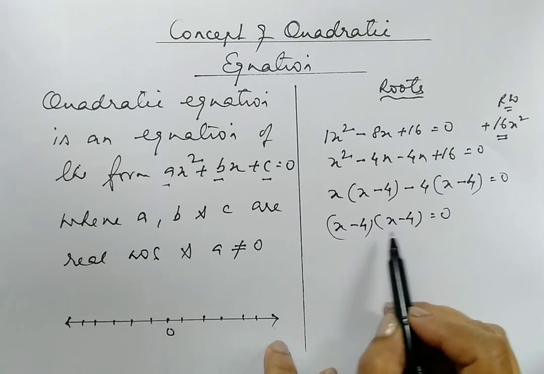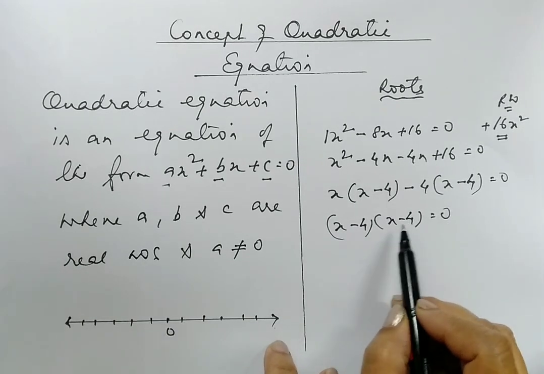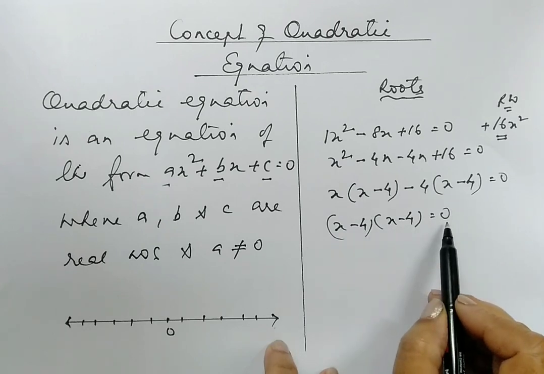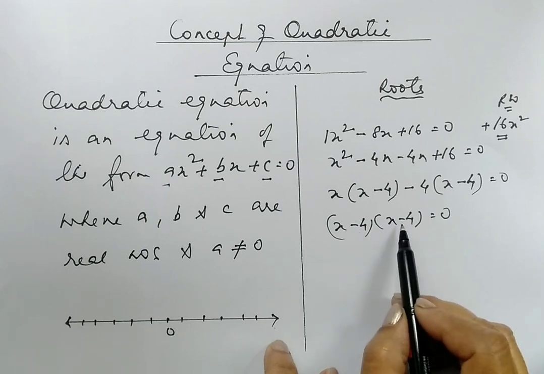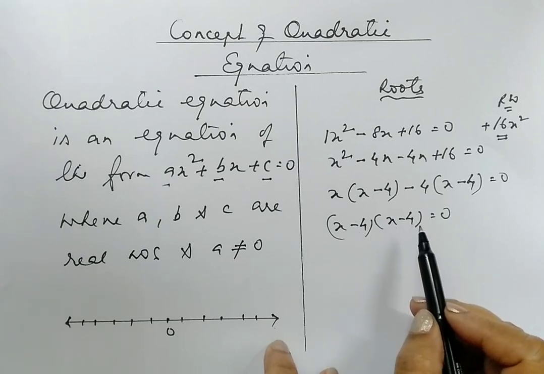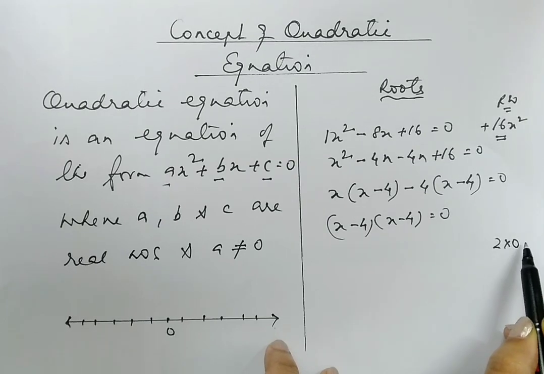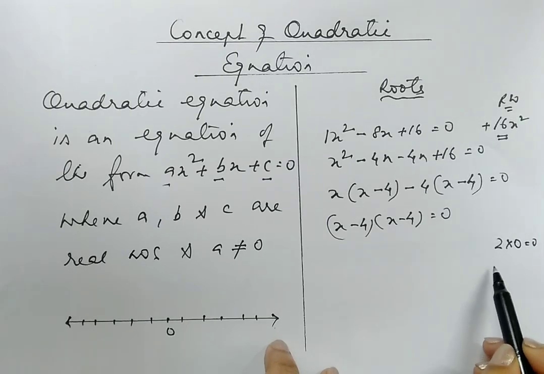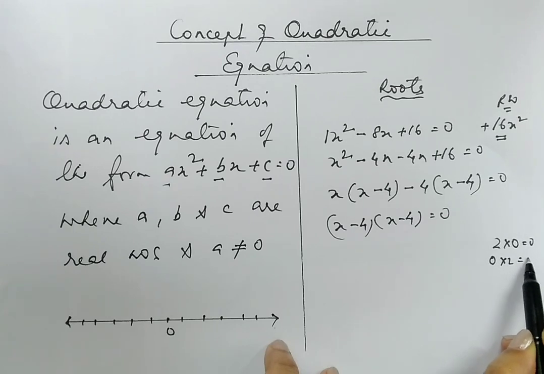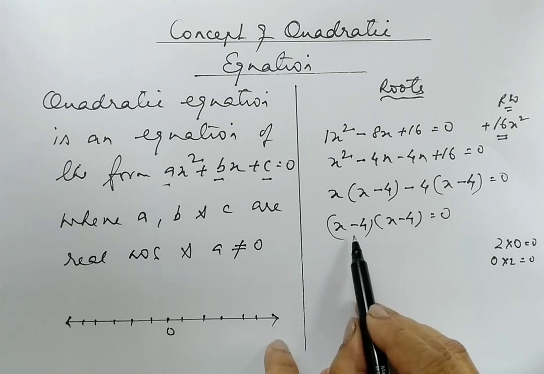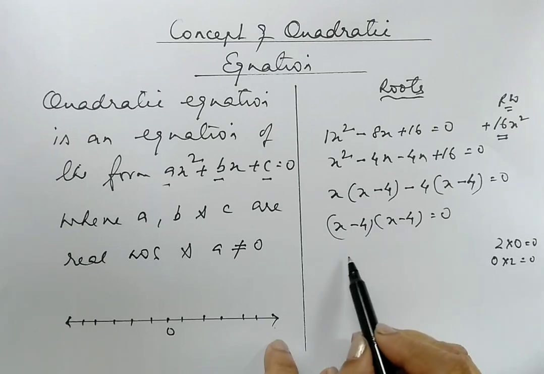So one of them ought to be 0, because the product of two factors ends up being 0 if one of them happens to be 0. Like 2 multiplied by 0 will give me 0, or 0 multiplied by 2 will give me 0. You put any number here. So similarly, either this is 0 or this is 0.